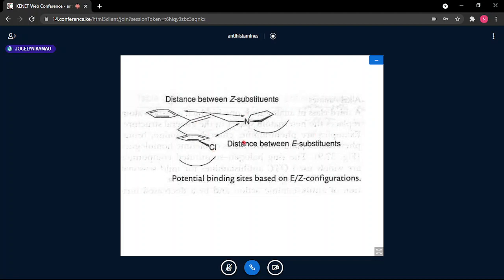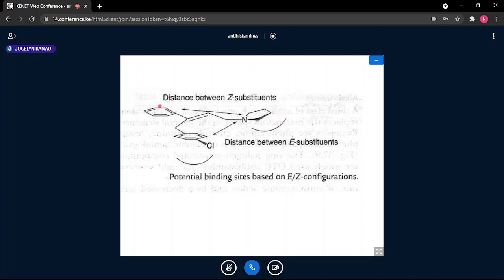That distance must be maintained, because if that distance is not maintained, then the drug will not bind the receptor. And that's why we are saying we do require the E isomer. You require the E isomer, where these are bulky groups and this is a lesser bulky group, where this lesser bulky group and that one are on the same side. Because they are the lesser bulky one, they will not have a very big distance, as compared to when this and this are on the same side, where the distance must be very long, and that will give us problems.